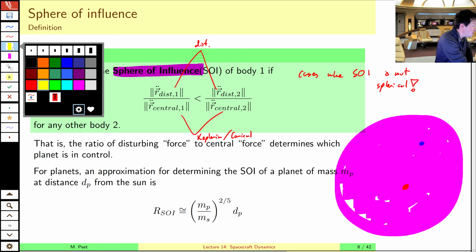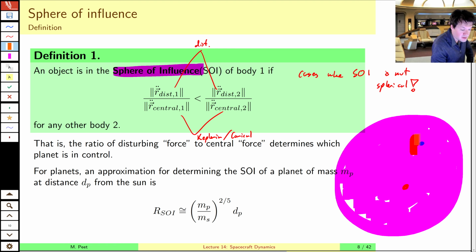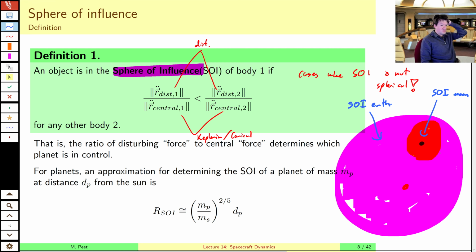And embedded within that is the sphere of influence of the moon, and it would actually extend a little bit non-spherically that way. So technically, the sphere of influence of a body does not have to be spherical, but we generally make that approximation.